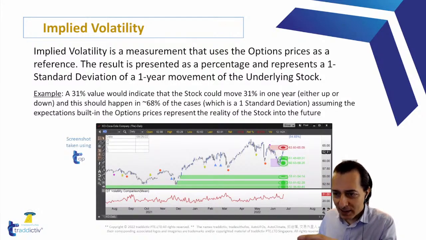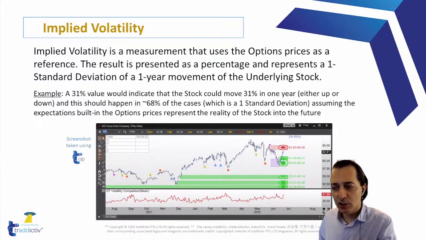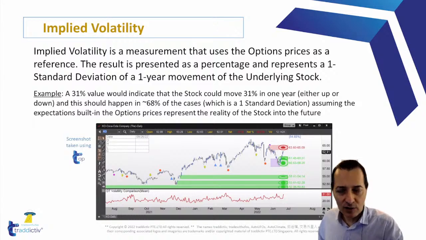Well, it means that we expect the stock to be either up or down by 31% in 1 year in 68% of the cases. But to reach that calculation, to reach that conclusion, that number, the information that was used is not the stock price movement in the past. It's the current price of options today.